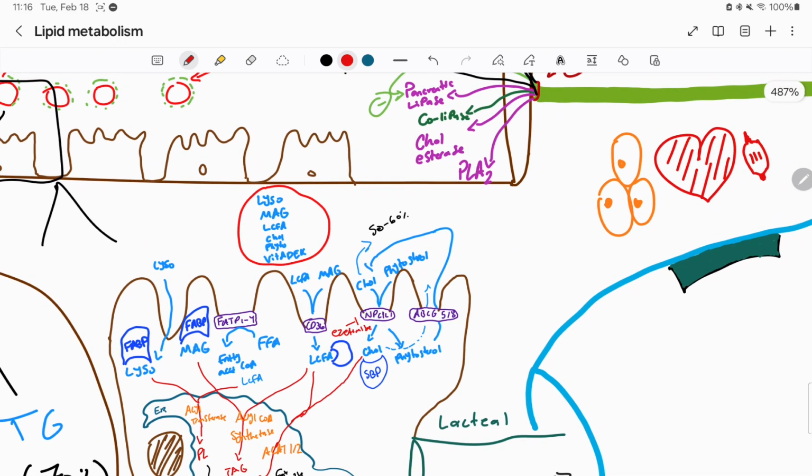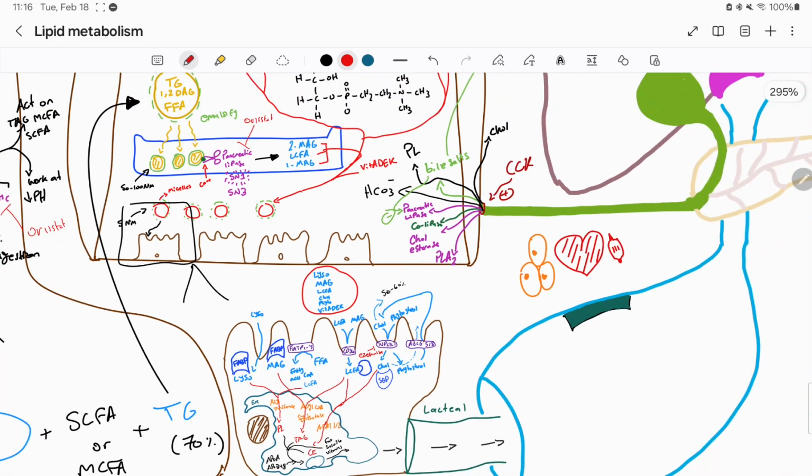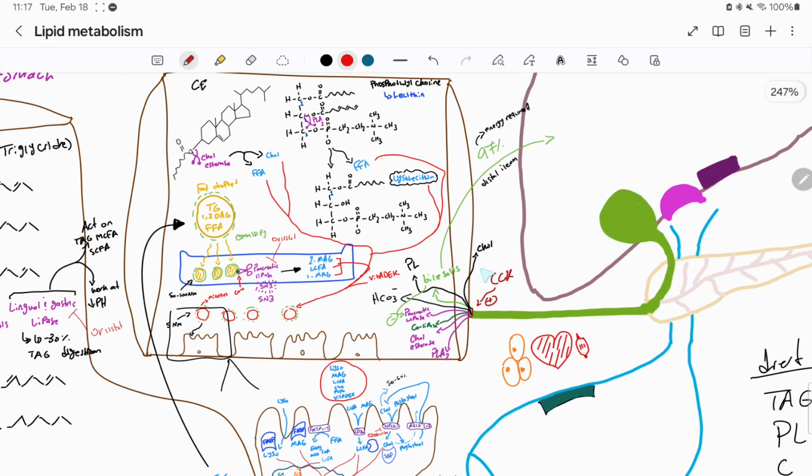But again, with cholesterol, it's important to understand that we actually make more cholesterol in our body, and remember that the free cholesterol from the bile also has to get absorbed. And if that's not absorbed, then what ends up happening to it is it'll get excreted out in the feces, or some of it might also get reabsorbed at the distal ileum into the biliary system.